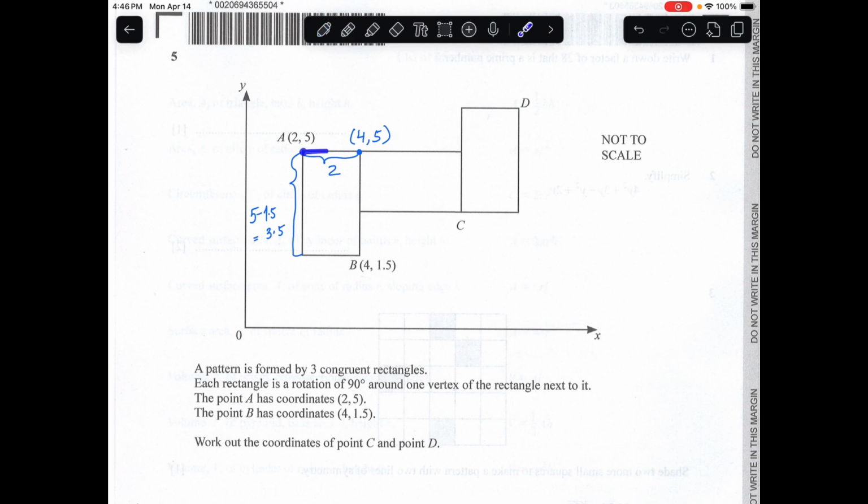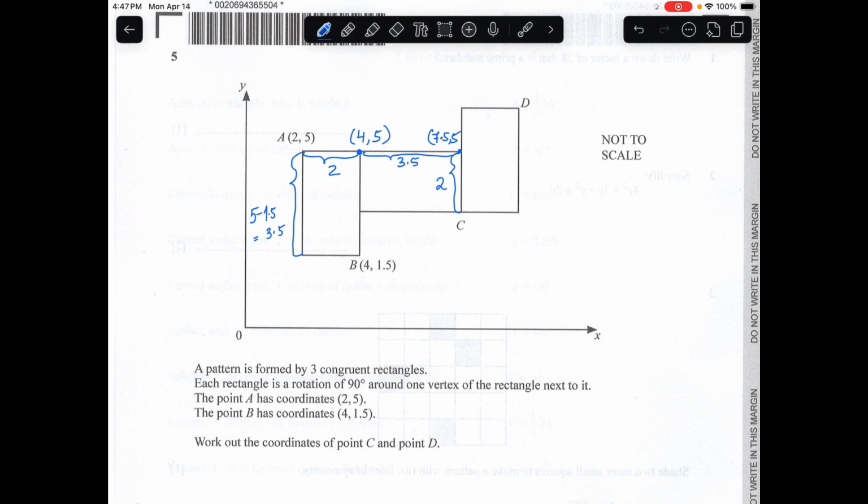Now this entire rectangle is being rotated. So we can say that this length is also 3.5, right? And this width is 2. If this length is 3.5, and I add 4 plus 3.5, the coordinates of this point are going to be (7.5, 5), right?